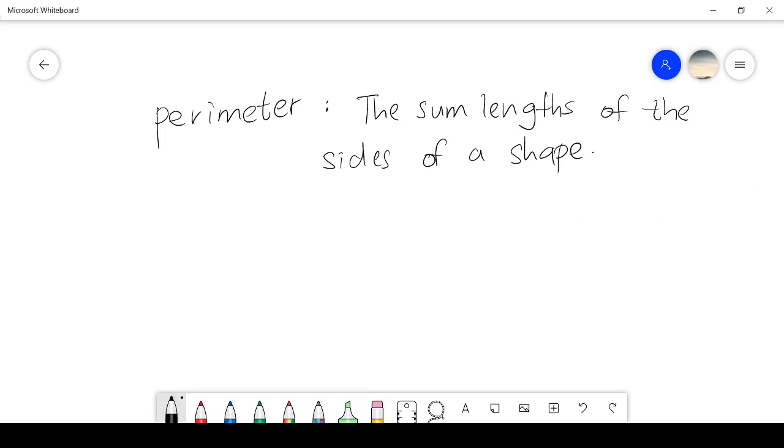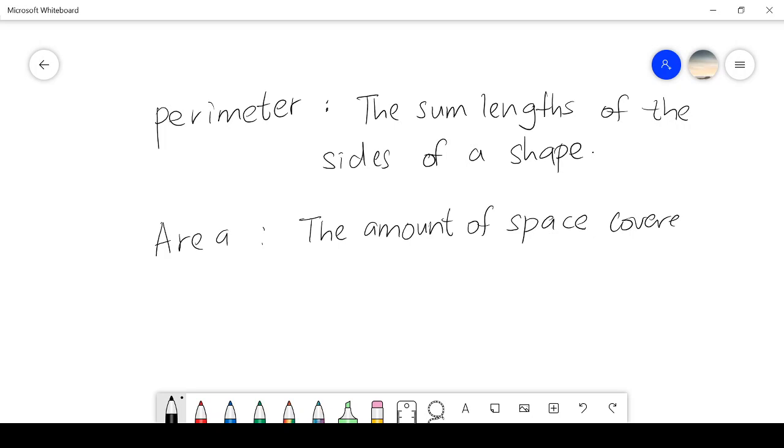Okay? The next concept is area. Area is simply the amount of space covered by a shape.